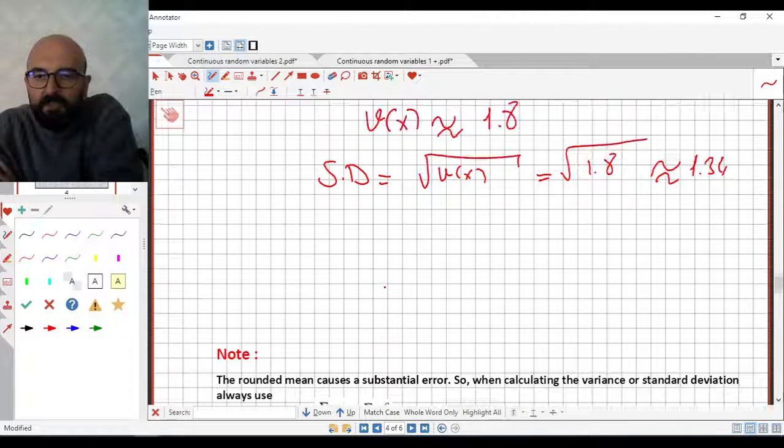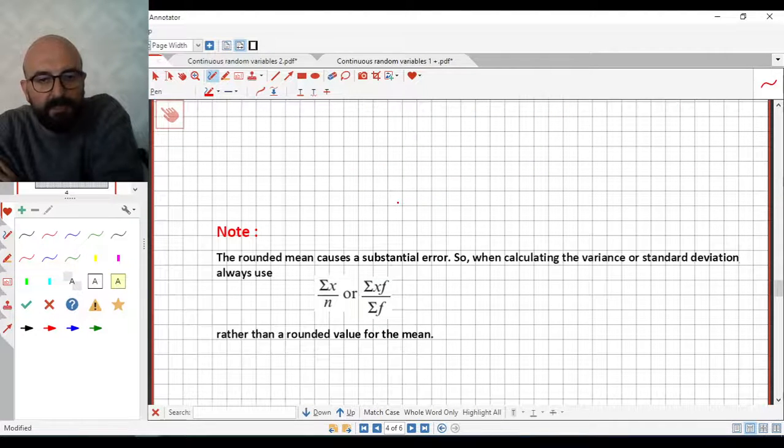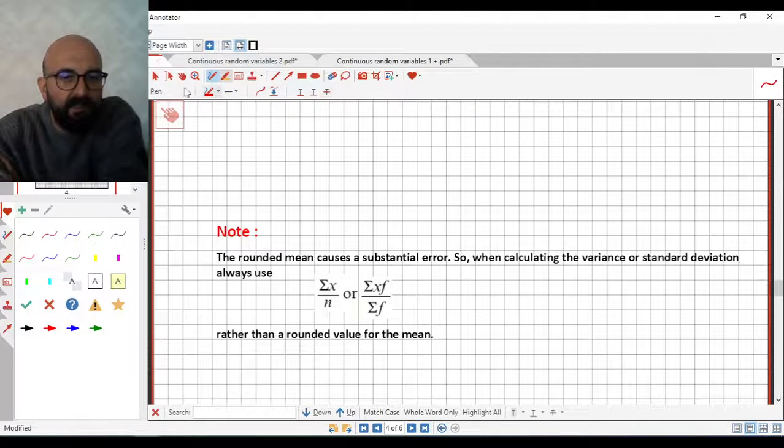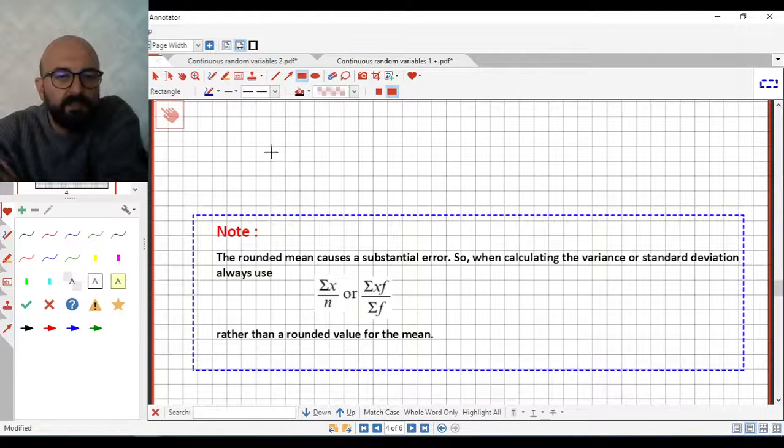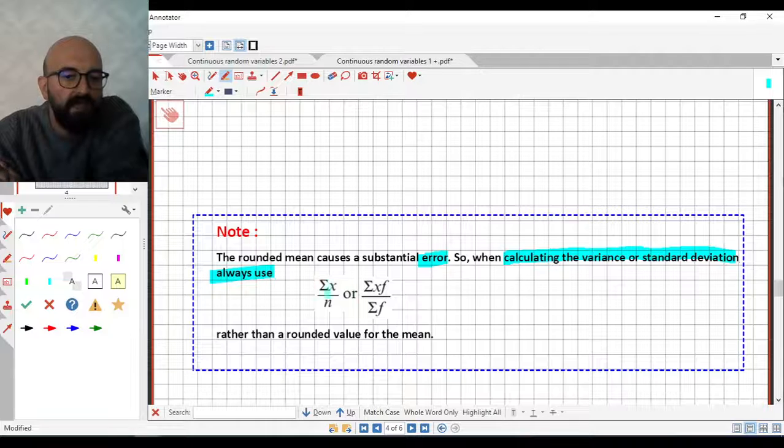Okay, now we could compute the standard deviation, but please notice these notes. The first one: the rounded mean causes a substantial error, so when calculating the variance or standard deviation, always use these formulas rather than a rounded value for the mean.